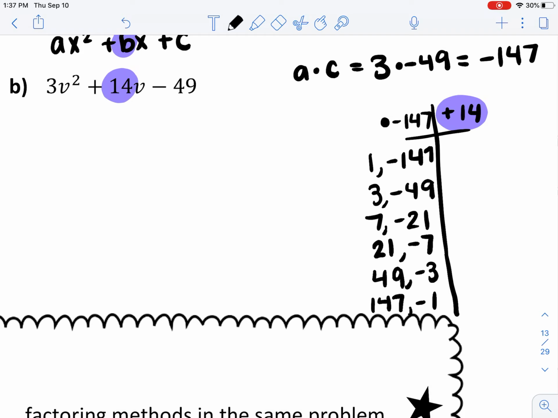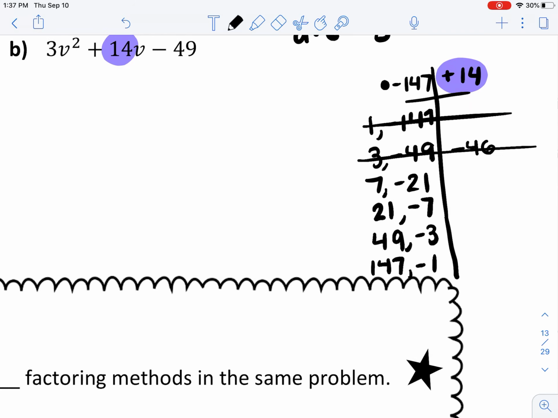So we need to figure out which of these add up to 14. 1 plus negative 147 is not 14. It's not even close. 3 plus negative 49, that's negative 46, also not even close to 14. 7 plus negative 21, so in other words, 7 minus 21, that's negative 14.